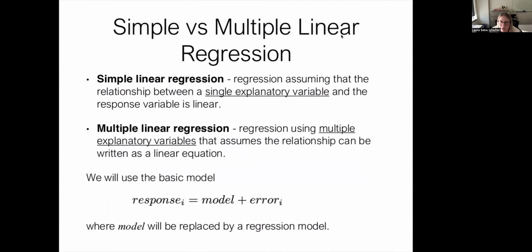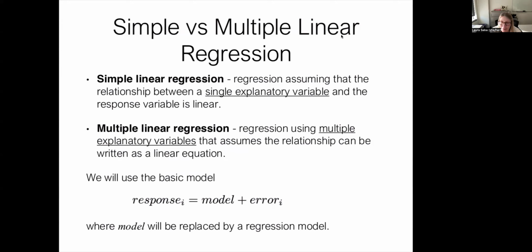So what we're going to focus on today is what we call simple linear regression. That's regression assuming that the relationship between a single explanatory variable, or a single predictor variable, and the response variable is linear. That should sound familiar to you. It's what we talked about in correlation, and actually simple linear regression and correlation are basically the same test.